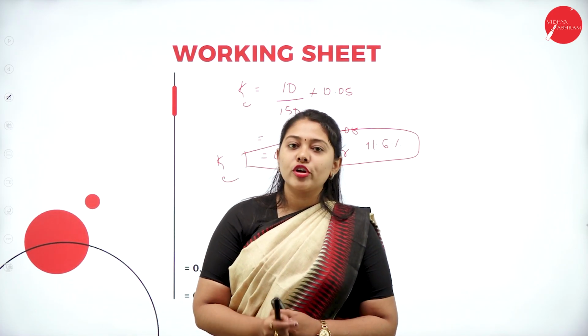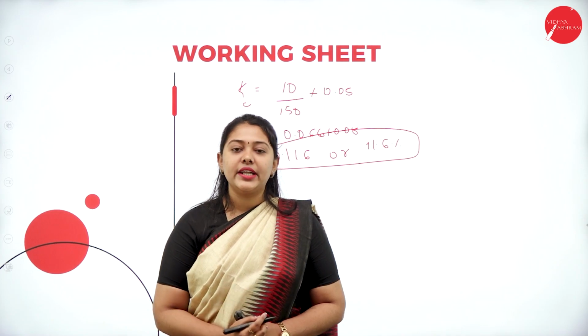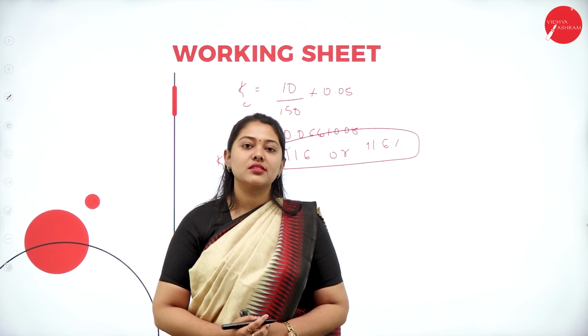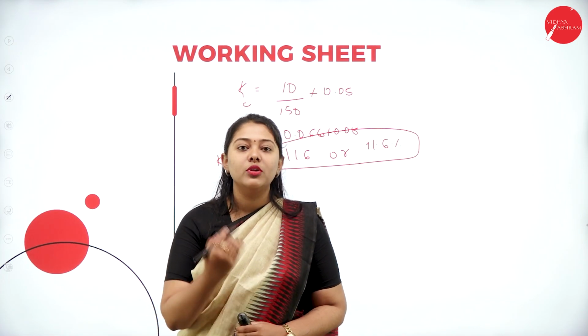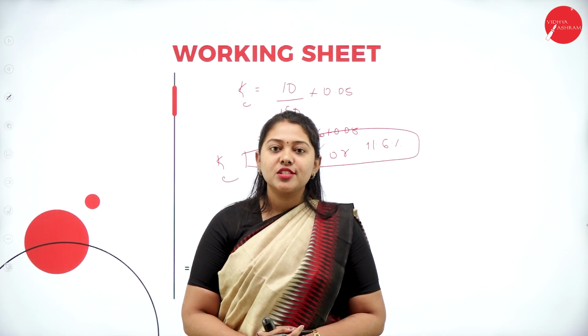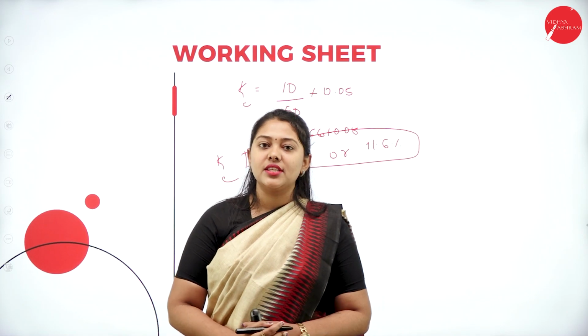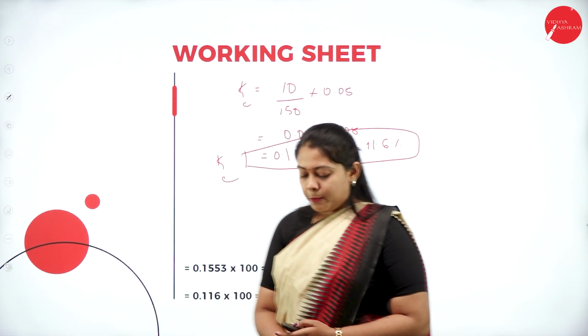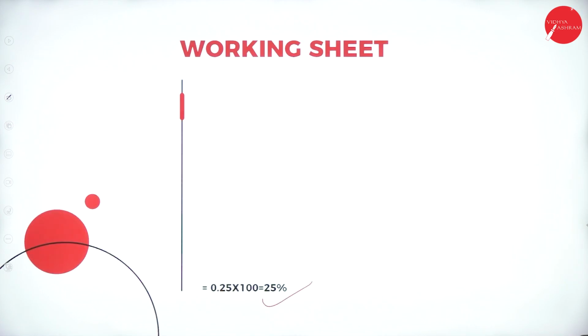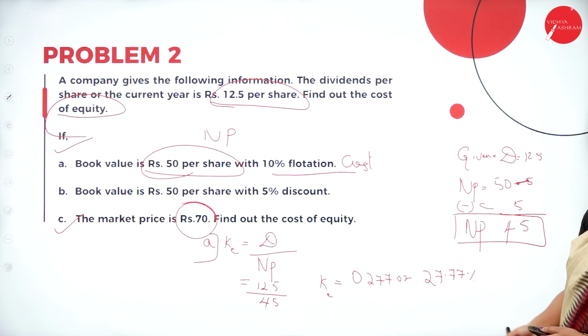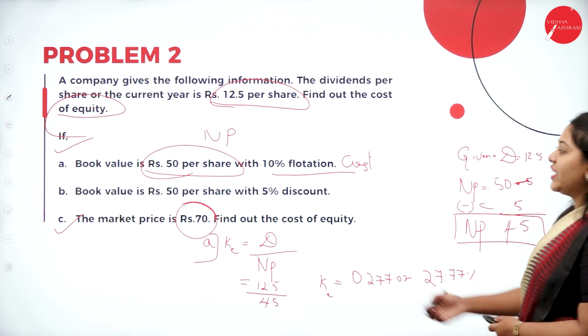So I'll just move out of the screen, my dear students. Kindly take a screenshot of all the questions and work them out. Kindly take up similar problems from your textbooks to gain more confidence for the paper. So this is the first problem with answer. The second problem has 3 cases.